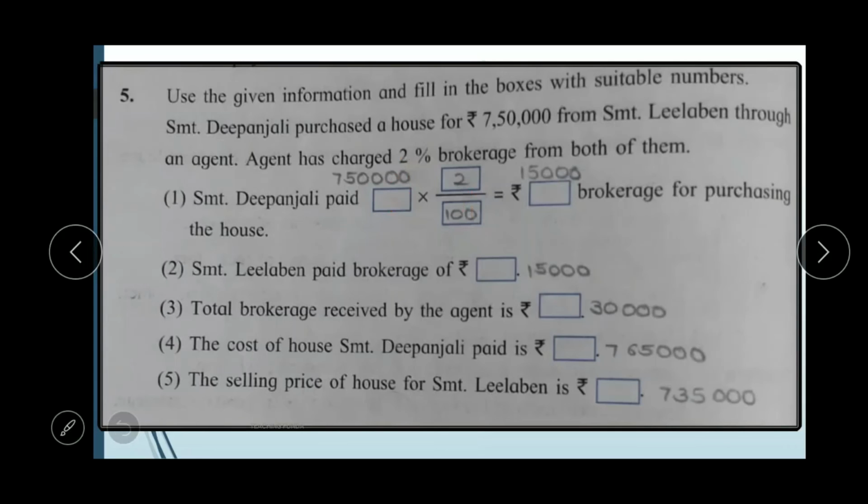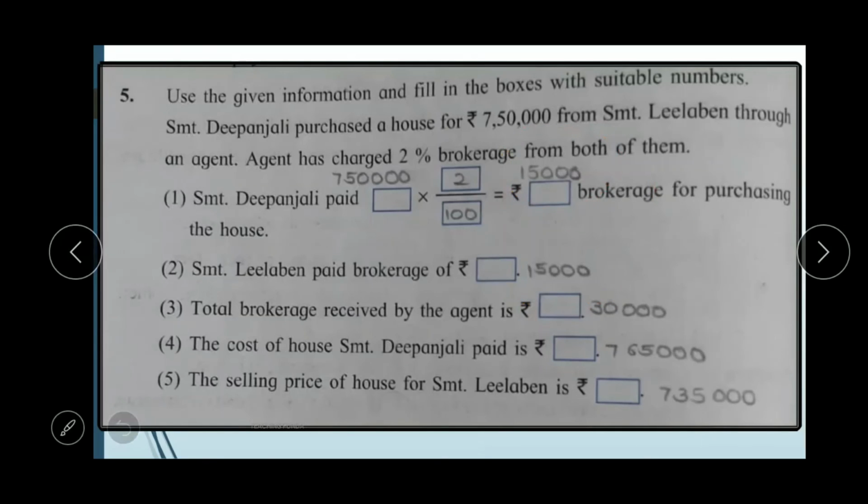So Leelaben paid brokerage of rupees 15,000. Third question, total brokerage received by the agent. 15,000 is Leelaben's brokerage and 15,000 is Dipanjali's brokerage. Add 15,000 plus 15,000, you will get 30,000.